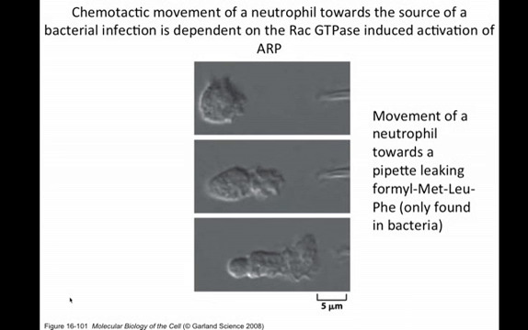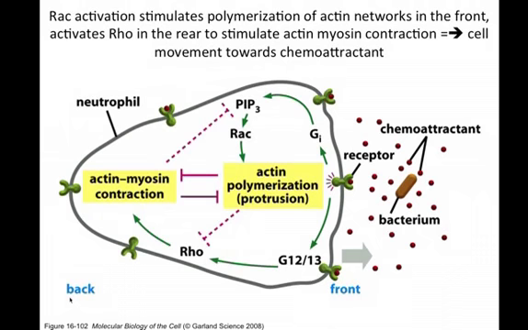Here's your neutrophil, and here's a pipette that's leaking a chemical that's found in bacteria. And so the neutrophil is going to move towards the bacteria, right? Just like in that movie we saw. And so this is dependent on the RAC GTPase and activation of ARP.